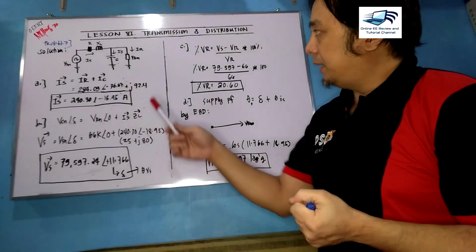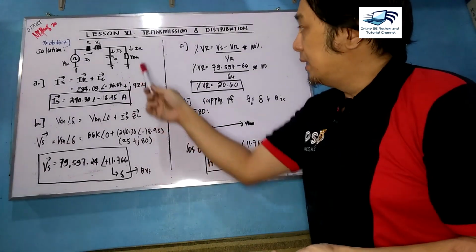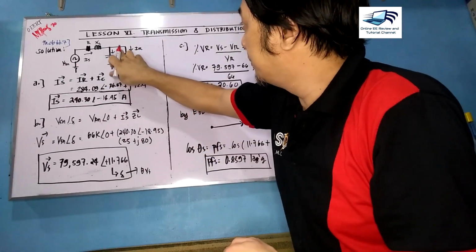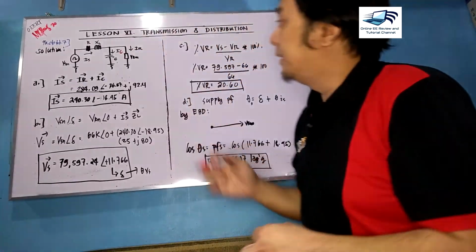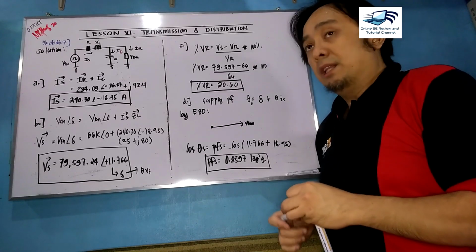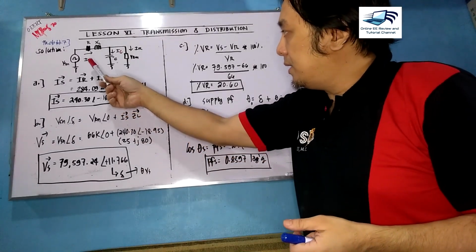We already established from the preliminaries the values of IR and IC, and then we can now get IS by using KCL.